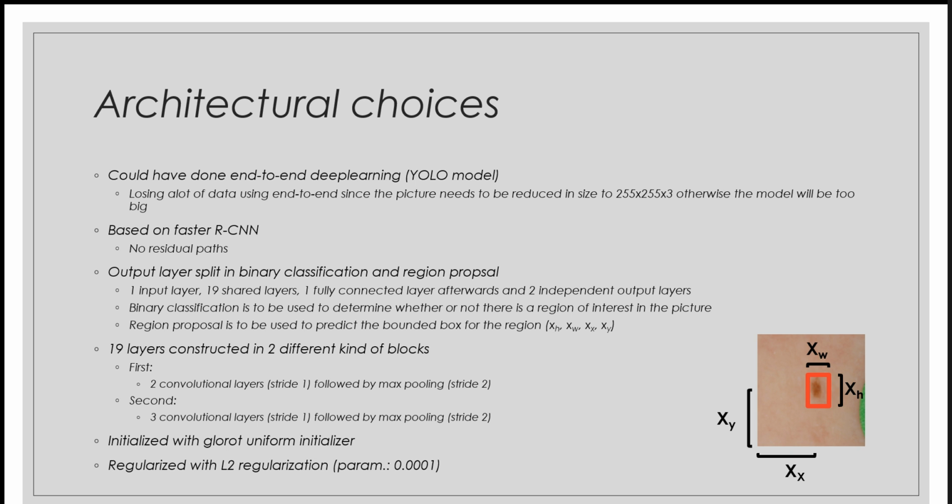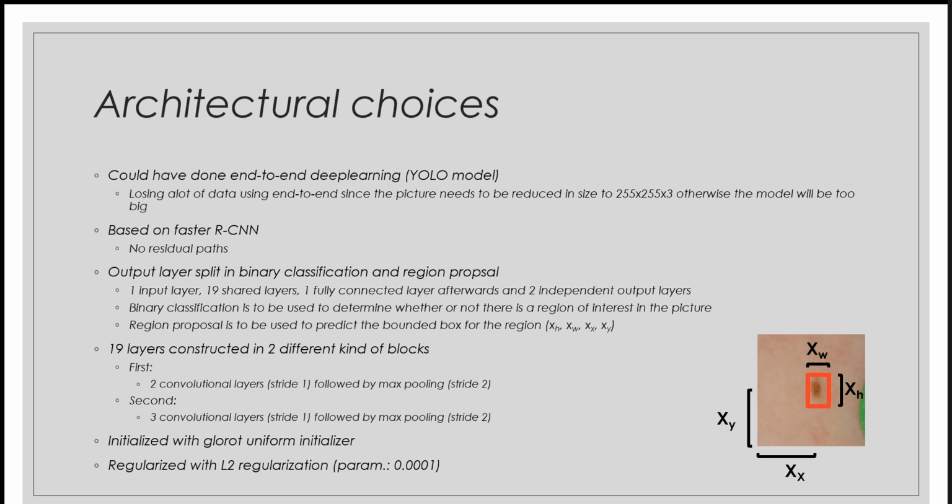You should probably check that out. But then the early detection wouldn't be considered, and we wouldn't go through the A to E detection methods or questions that doctors are asking. And also, we would lose a lot of data that way because we just focus on a smaller picture in order to feed it to your YOLO model.